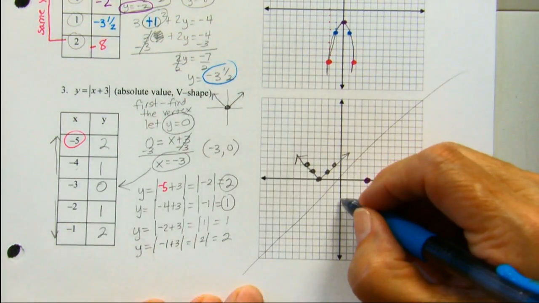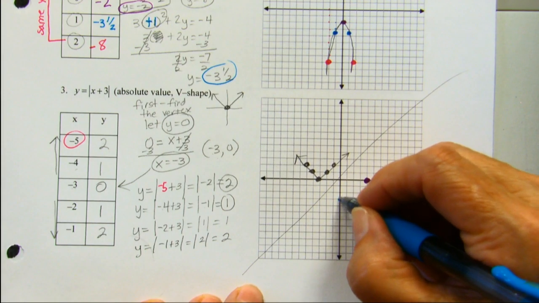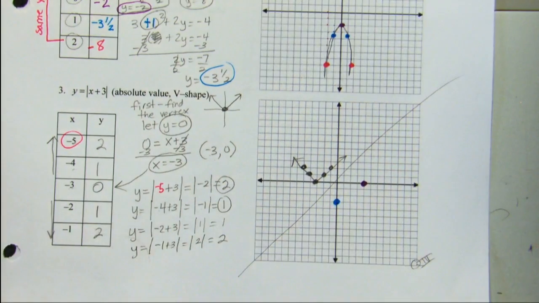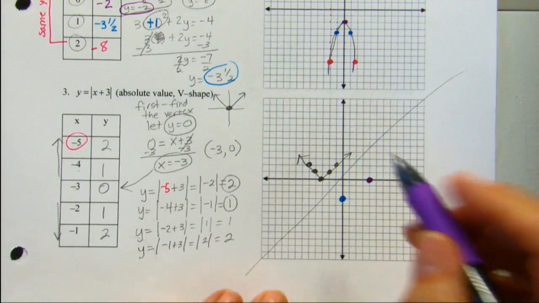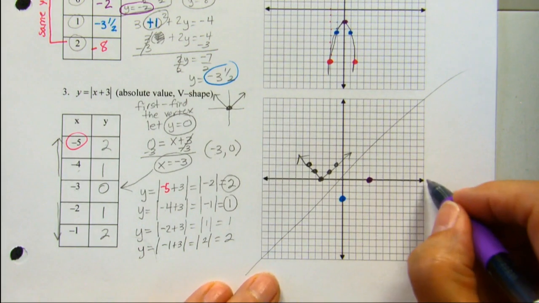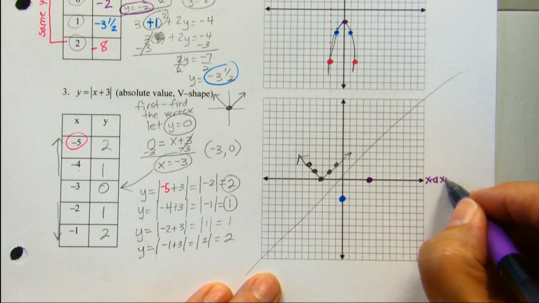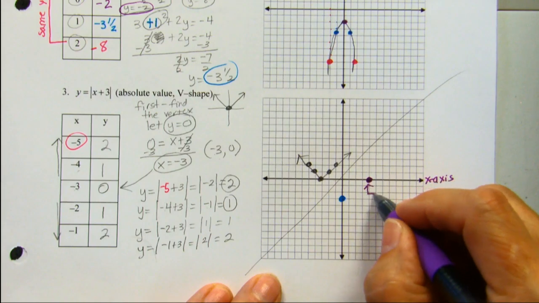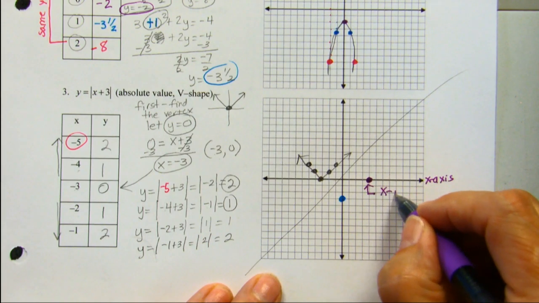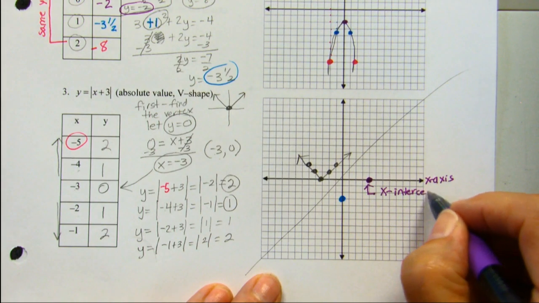And on the y-axis, come down 3 points and make a dot. On my purple dot here, because the point lands on the x-axis, this is called an x-intercept.